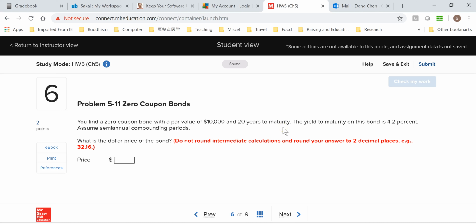So that means the yield to maturity. In general, that also includes the coupon payment, but since this is a zero coupon bond, we don't have to worry about that part. We only have to worry about the yield to maturity.